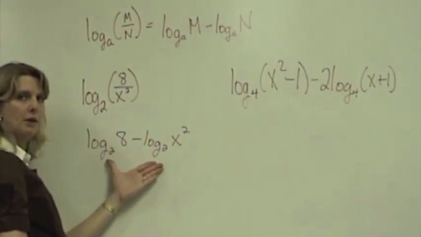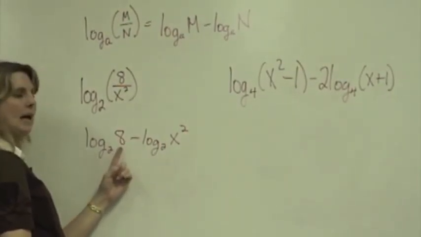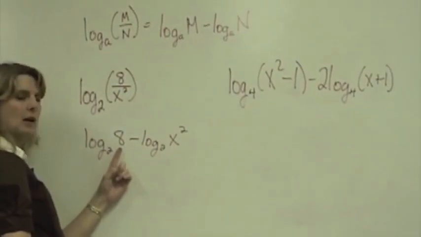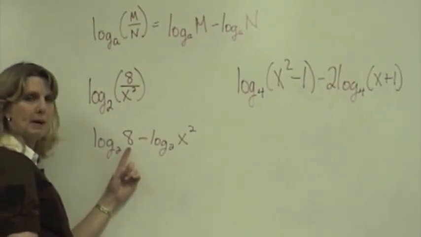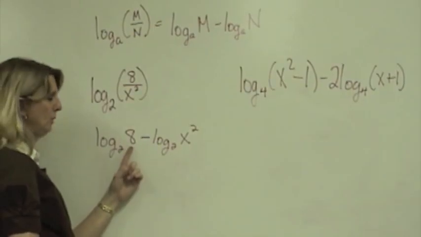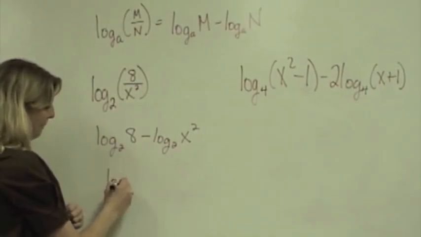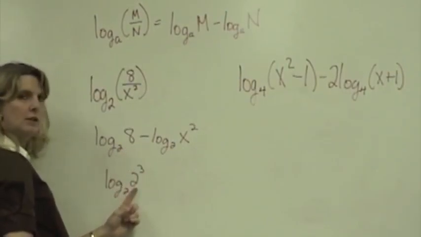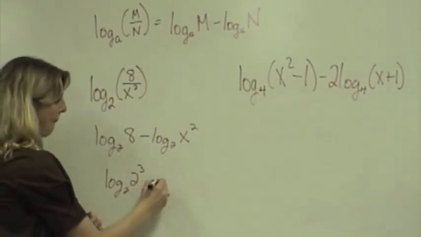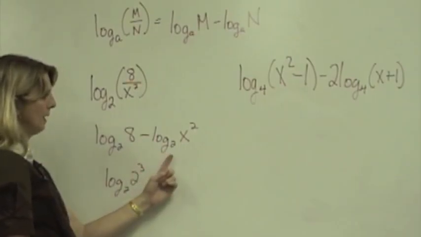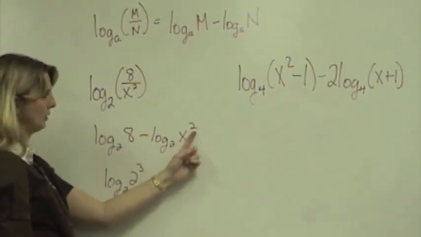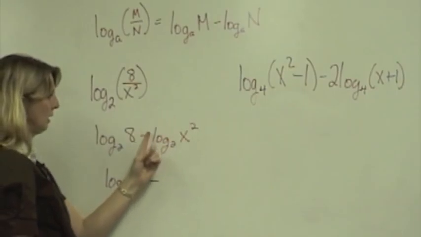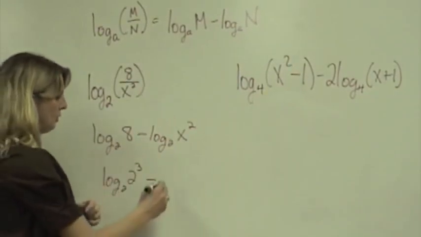Now we have a couple other things we can do. 8, we can change 8 to be a base 2 with an exponent. 8 is equivalent to 2 cubed. On this one, as we go, the exponent comes out front to be the coefficient.